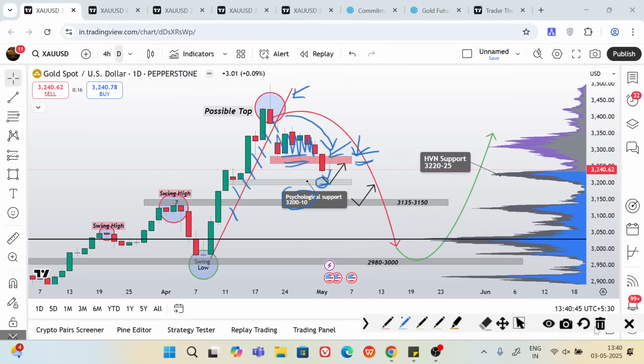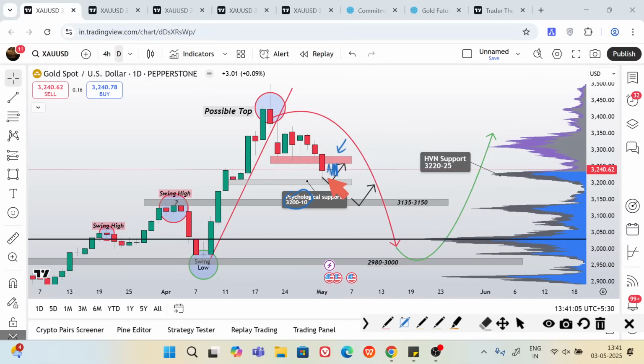So on the daily time frame, the price is moving down and showing that we can expect further downside. But this area is a good psychological support, and we have seen this as a good resistance.